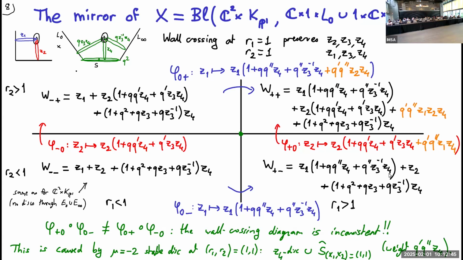And then what you find is that, in fact, the coordinate changes that give the wall crossing are not going to satisfy the cocycle condition. You have an inconsistency in the wall crossing diagram.